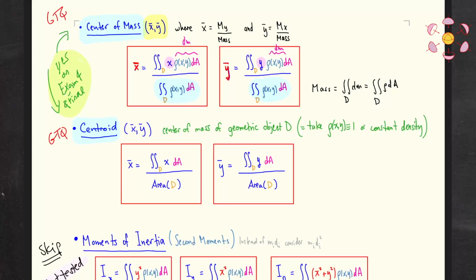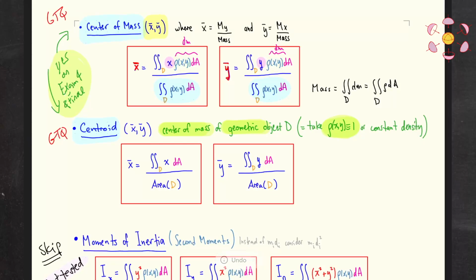Centroids are essentially the geometric center of mass, since if you ignore density completely, if it's just pure geometry, and you take the density to be 1 everywhere, then in the formulas above it disappears.